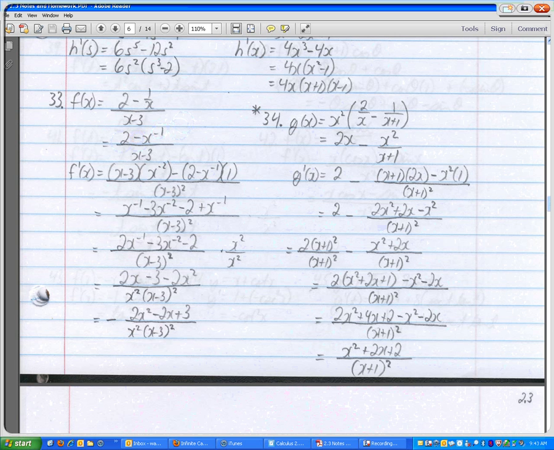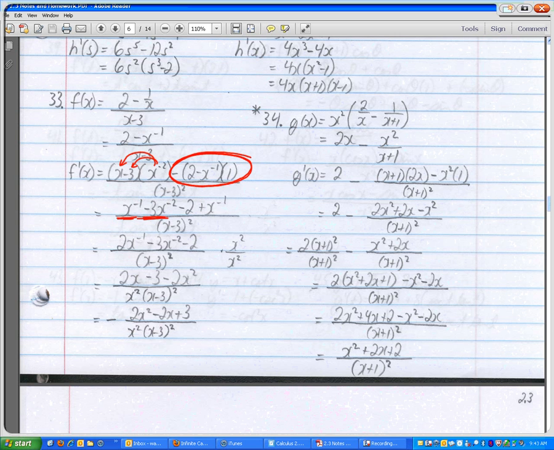All right. Distribute x to the negative 2 times x. Add the exponents, x to the negative 1. x to the negative 2 times negative 3, negative 3x to the negative 2. Here, look at the screen.